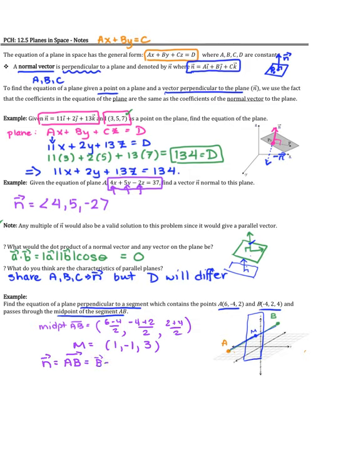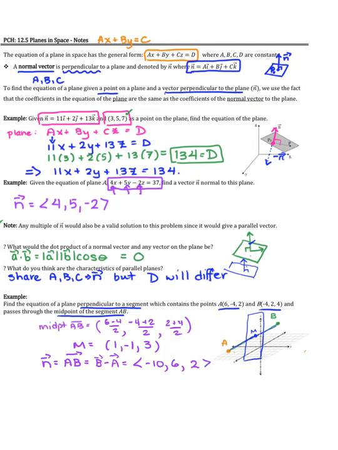So remember, this is the backwards B minus A. So your normal vector, if it's B minus A, is negative 4 minus 6, and then 2 minus a negative 4, so 2 plus 4, and then 4 minus 2. All right, awesome. I have a normal vector.